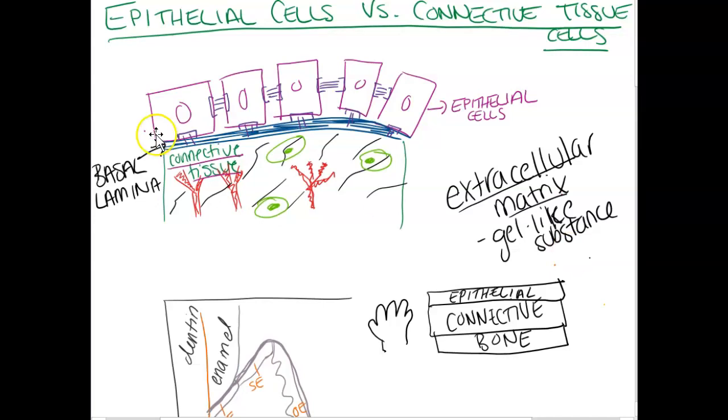And really all it is, is a layer that is separating the epithelial tissue from the connective tissue. Again, to recap, that blue line separating the epithelial tissue from the connective tissue is known as your basal lamina, also known as basement membrane.